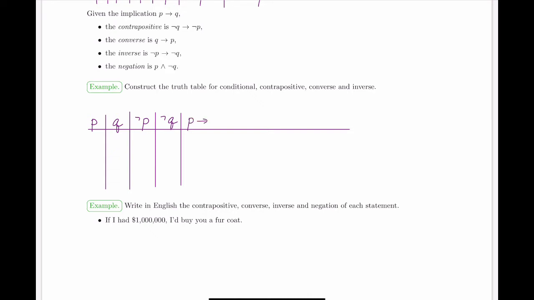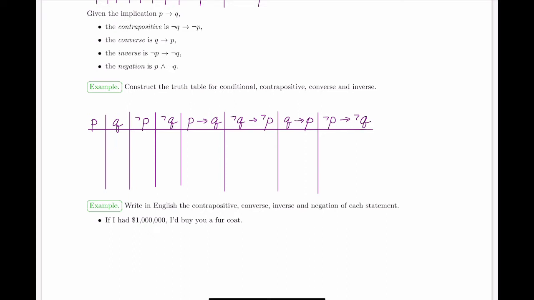I have the original implication, P implies Q. I have the contrapositive, so not Q implies not P. I have the inverse, or sorry, the converse, I suppose, comes first in that list. Q implies P. And finally, I have the inverse, so not P implies not Q.